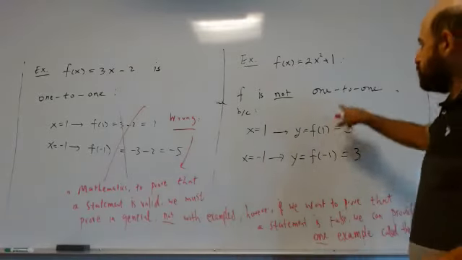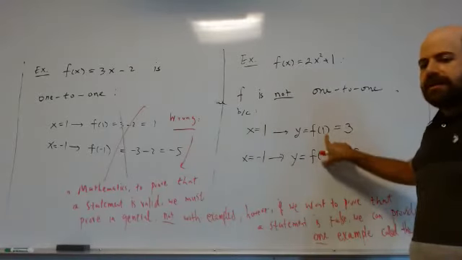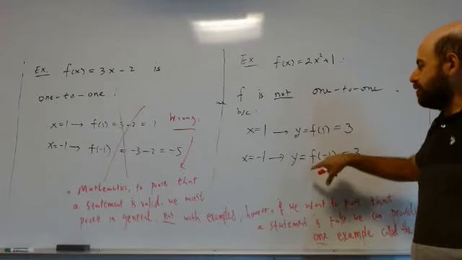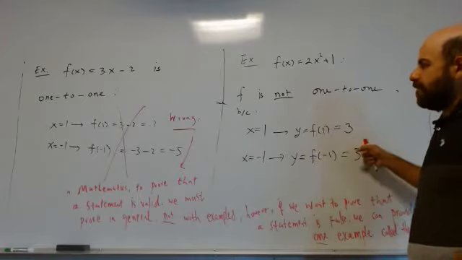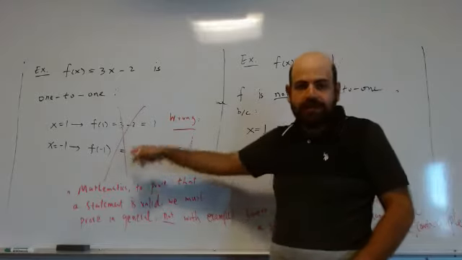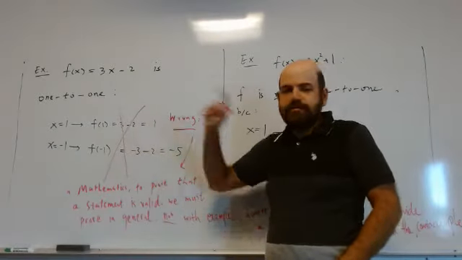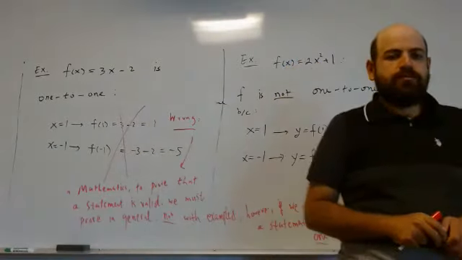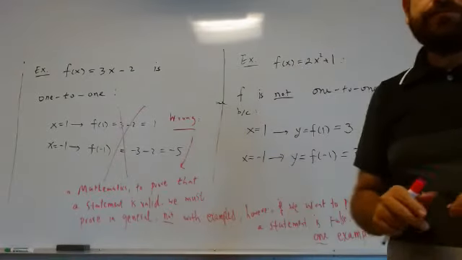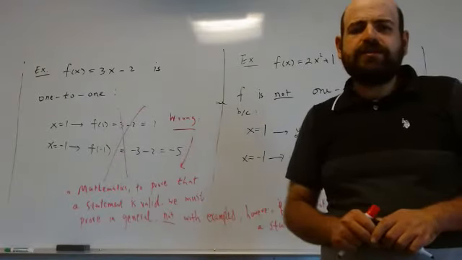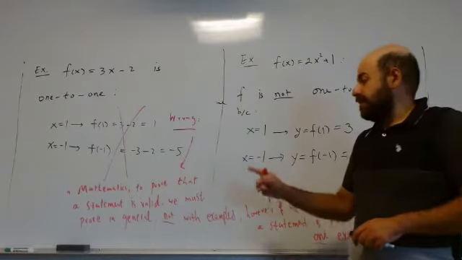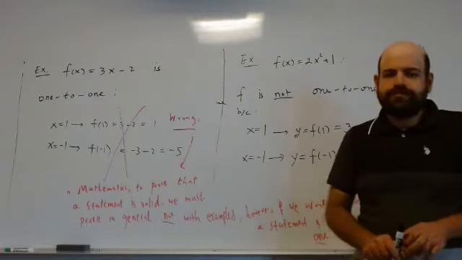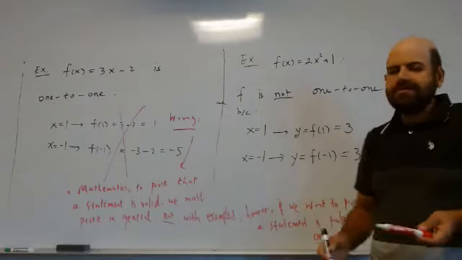So here we wanted to show it's not 1-to-1, so we used an example of 2 different inputs with the same output. But here we want to show it is 1-to-1. So examples are not enough. Even if you give 1,000 examples, still not enough. It has to be proved in general. In general means with letters.